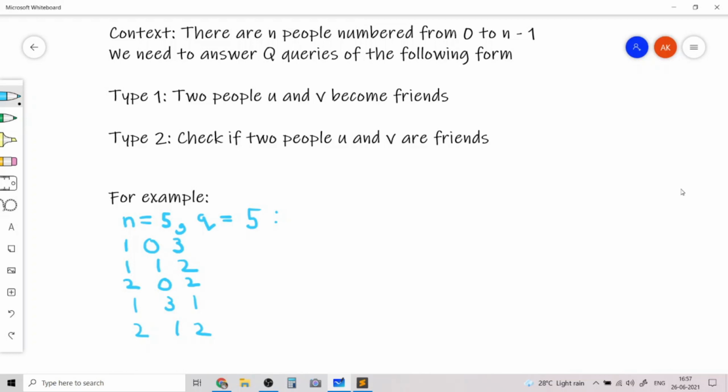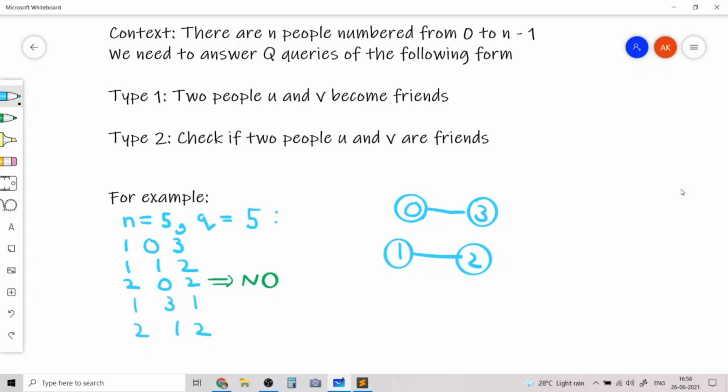So let's take an example in which n is 5 and q is 5. In the first query, we make 0 and 3 friends, and in the second query, we make 1 and 2 friends, and in the third query, we need to check if 0 and 2 are friends, and the answer will clearly be no, they are not friends, because they are not in the same connected component.